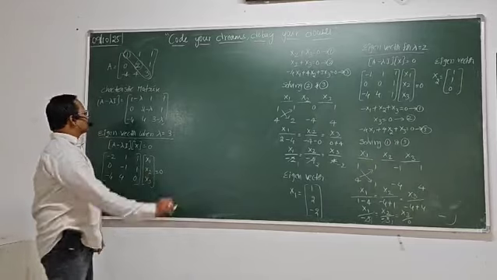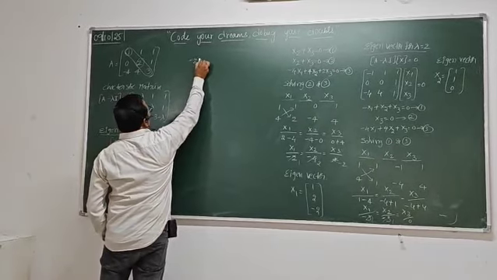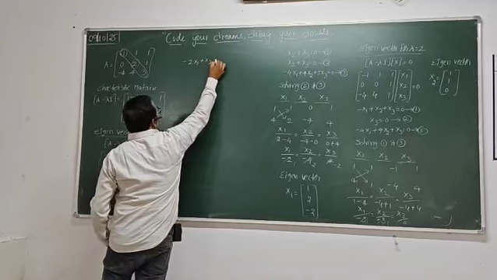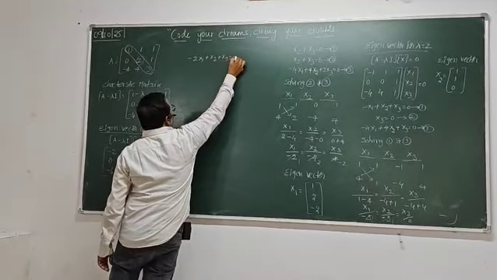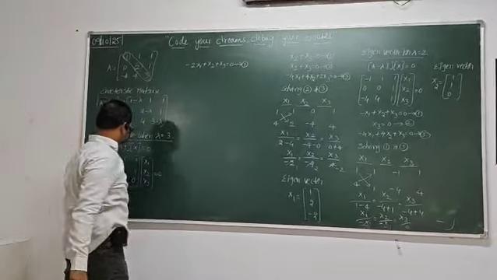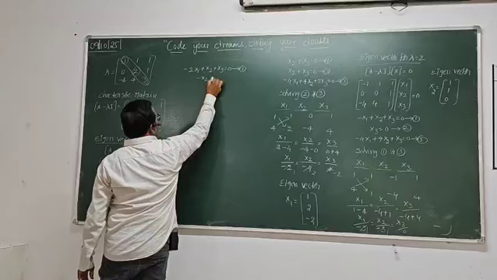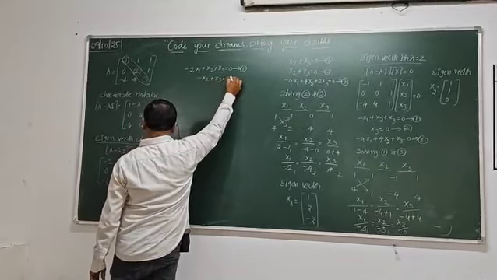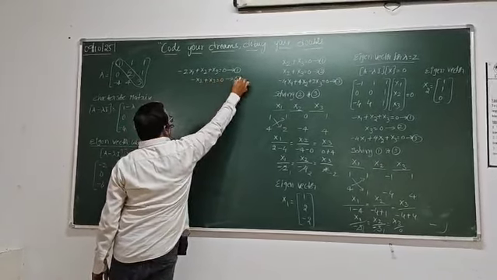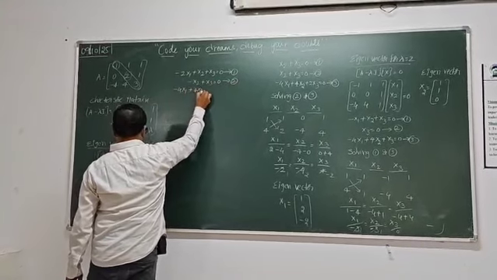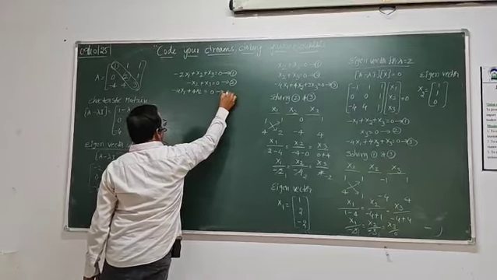Write down the three equations. Minus 2x1 plus x2 plus x3 equal to 0, equation 1. Minus x2 plus x3 equal to 0, equation 2. Minus 4x1 plus 4x2 equal to 0, equation 3.